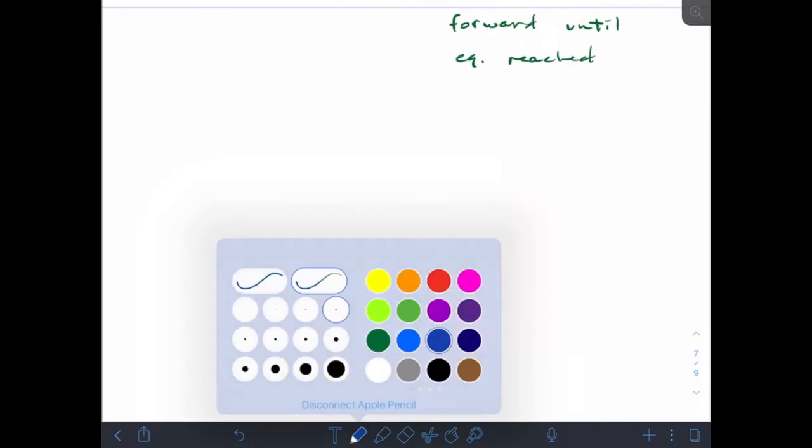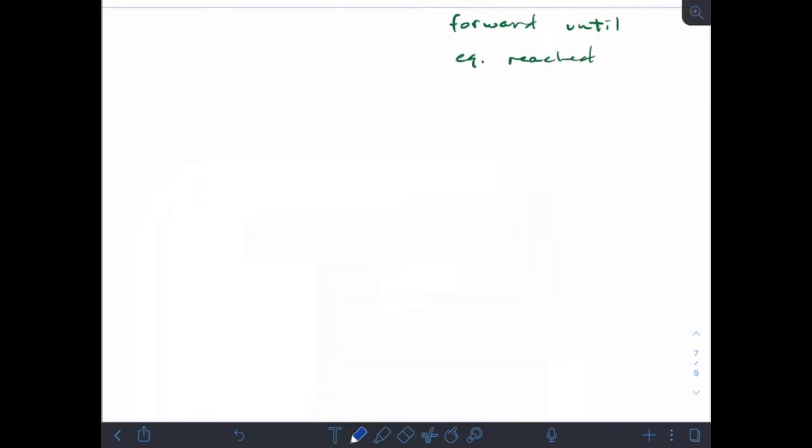All right, so our next step is our final topic, and that is ice tables. Okay, so ice tables are for finding equilibrium concentrations. That is very, very important.